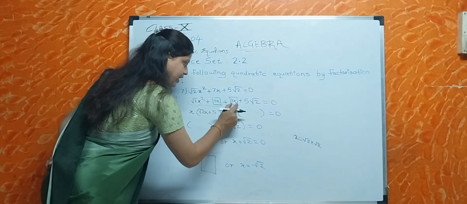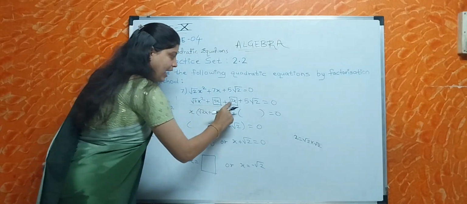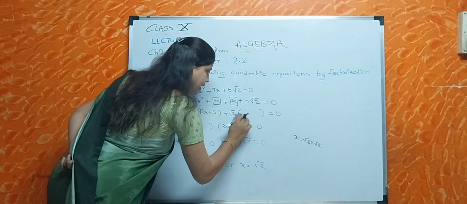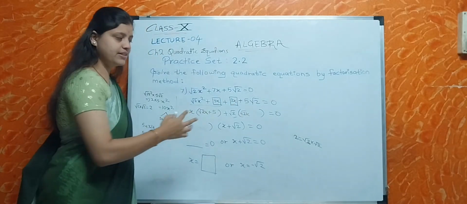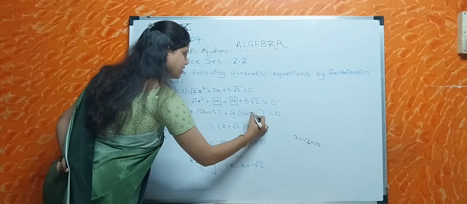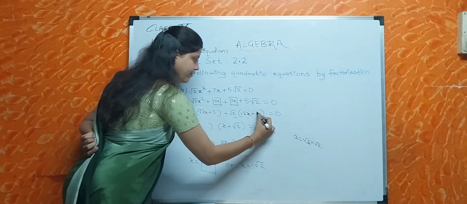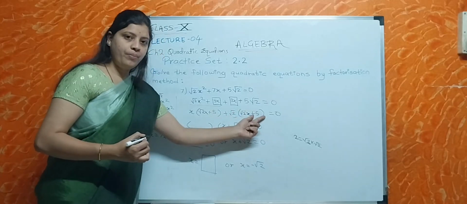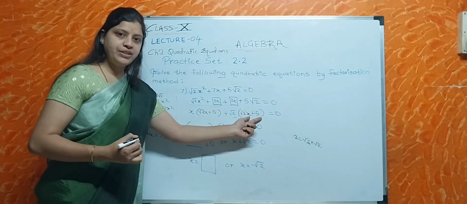So see, here root 2 is common, and 1 root 2 is inside the bracket because x is not common. Plus here root 2 is common, what is remaining? 5. Now see that both the brackets we have got common: root 2x plus 5, root 2x plus 5.